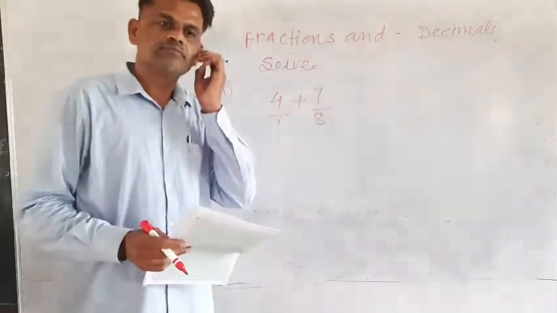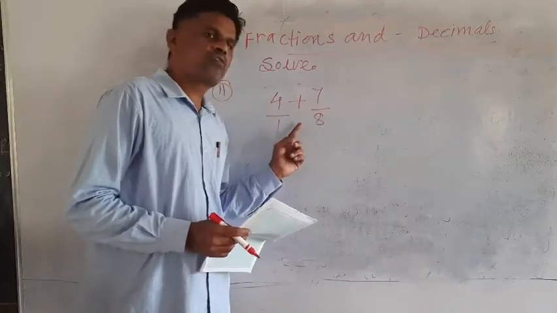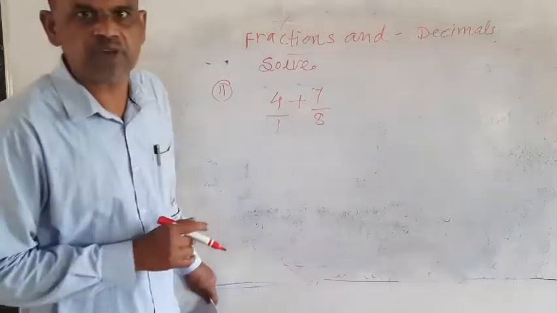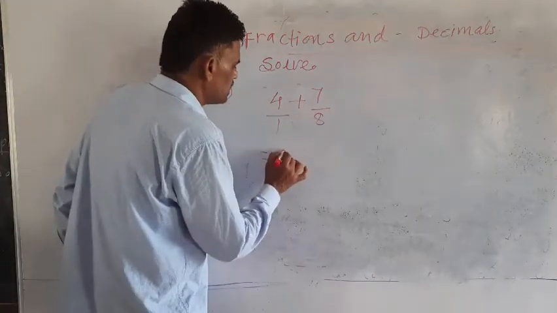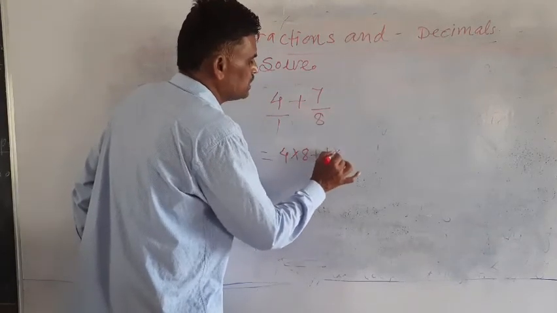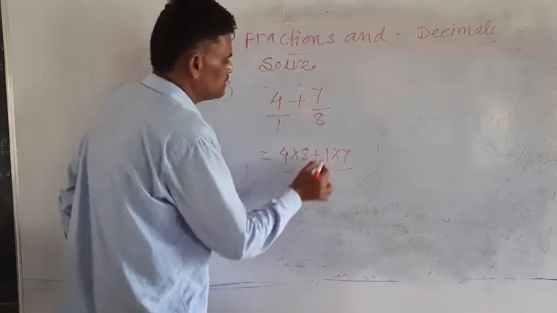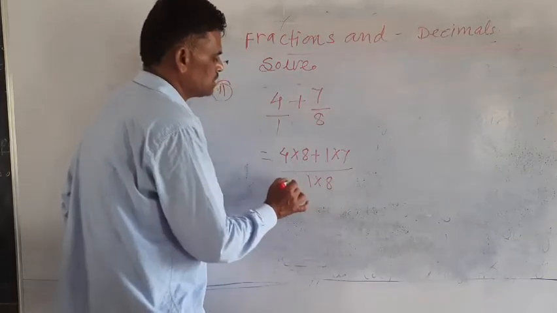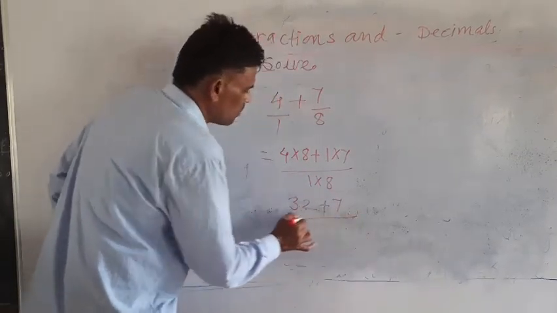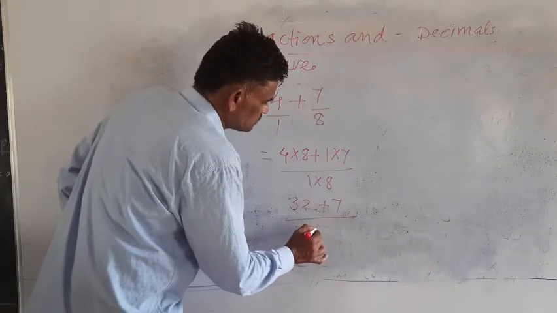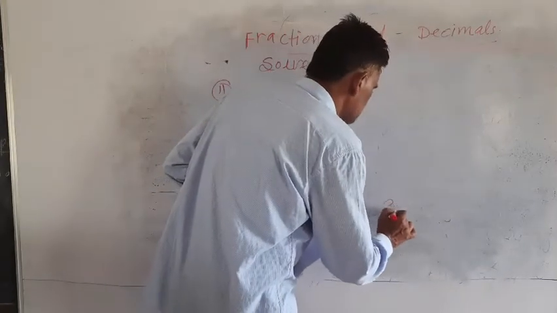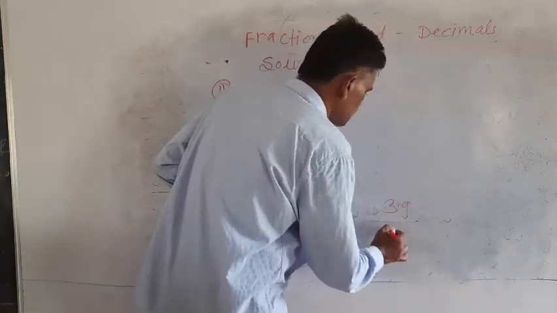Here also, by cross multiplying and taking the LCM of 1 and 8, we get 4 into 8 plus 1 into 7 upon 1 into 8, that is equal to 32 plus 7 upon 8. Dear student, here 39 divided by 8.